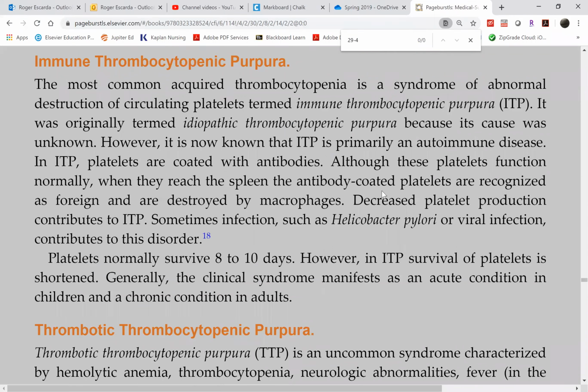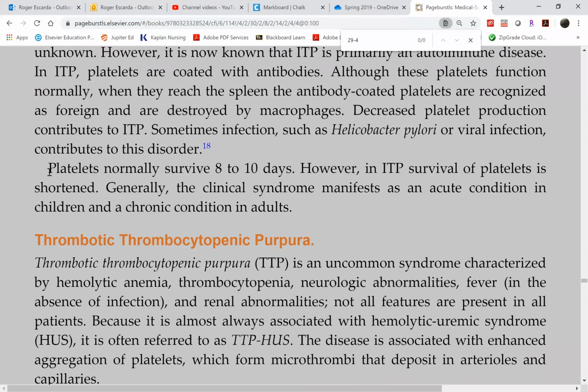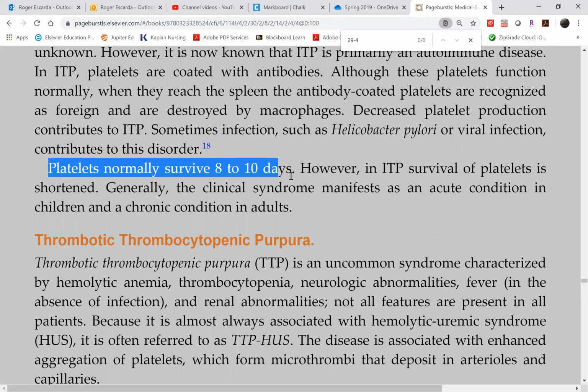You develop a breakdown of the amount of platelets. You are developing antibodies against your own platelets. We know platelets normally survive 8 to 10 days. What happens when you have ITP?